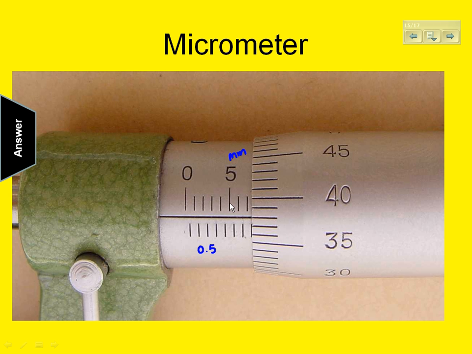So the measurement on this is 5, 6, 7, 0.35, 36, 37, 38. So 7.38. And these are millimeters. You will not be adding any digits to this reading because the graduations are so fine, you won't be making any guesses.